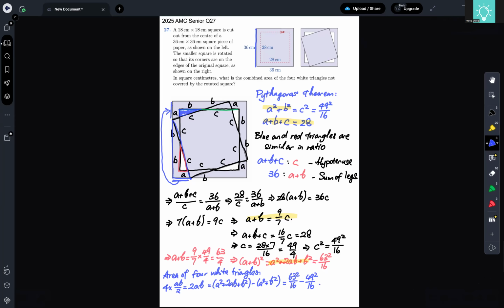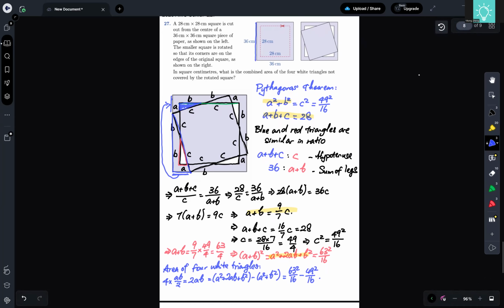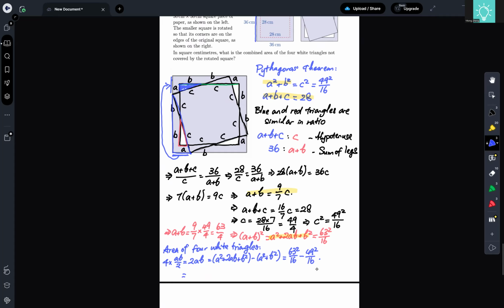I specifically don't calculate what 63 squared and 49 squared are because what do I have? I have a difference of squares. So I can actually write this as what? 63 plus 49 times 63 minus 49 over 16.